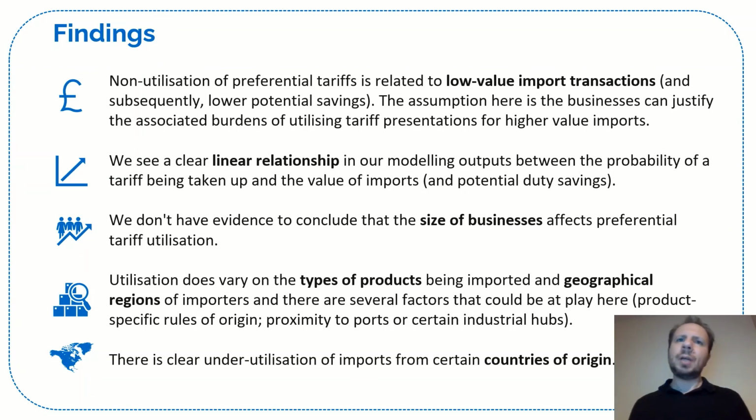Also, previous studies have found a relationship between firm size and utilization of preferential tariffs, but we haven't found any evidence for this in our analysis. When looking at descriptive statistics, we found that utilization of preference rates varies across different products and geographical regions of importers, and some factors that could be at play are product-specific rules of origin, maybe proximity to ports, or certain industrial hubs.